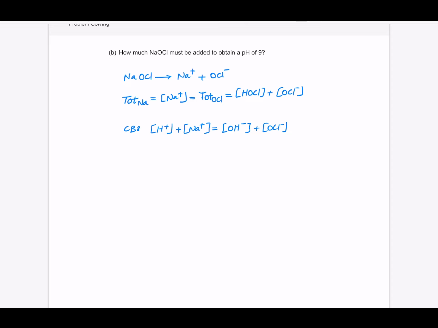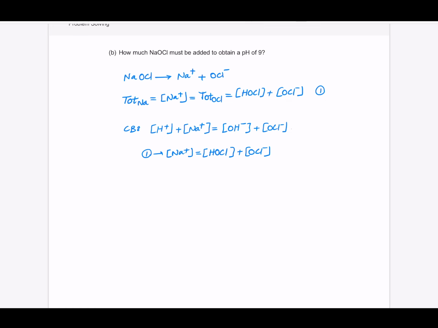So now when we look at this equation, we see that there are two unknowns. So it's a little bit tricky here, but if we combine these, it would be pretty simple. What we understood here was that the concentration of sodium, which is coming from the total concentration of sodium, is equal to the total concentration of OCl, which is HOCl plus OCl minus.